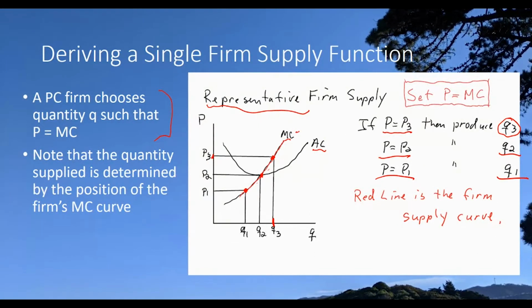In other words, we can just take this marginal cost and call it S for the individual supply of the firm, because this is plotting out a relationship between a price that might prevail potentially in the market and the quantity that this individual firm is likely to sell to the marketplace in order to maximize its profitability. All right, so that's our first step. We now have a representative firm supply function and have recognized that it's just the marginal cost curve for the individual firm.